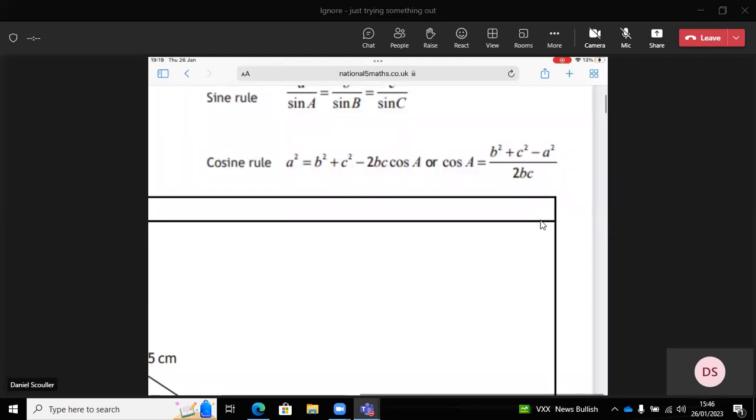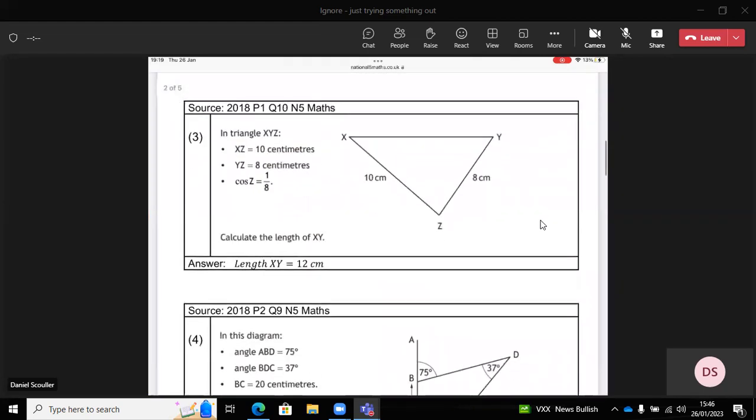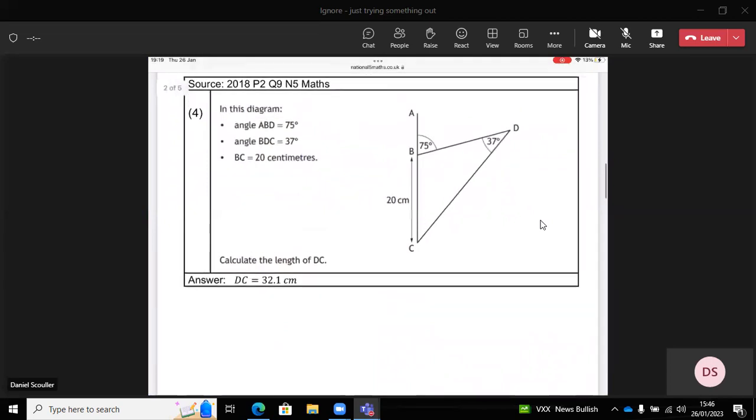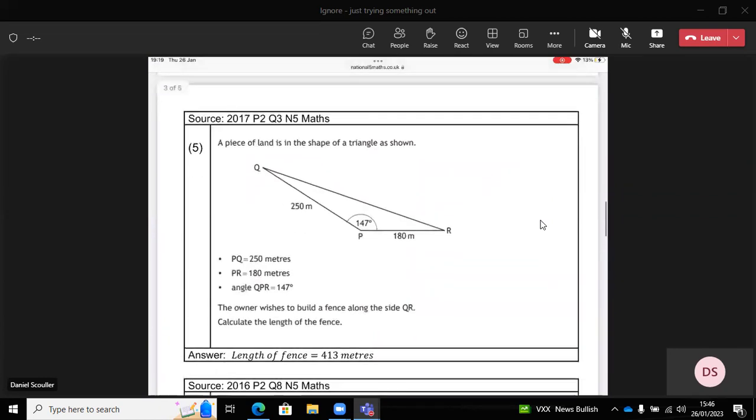All right, so blah, blah, blah. Calculate the height. Ooh, interesting. There's a bit of Pythagoras in there. Horrible. Calculate the length of DC. The sine. No, it's just about the sine. Calculate sine.